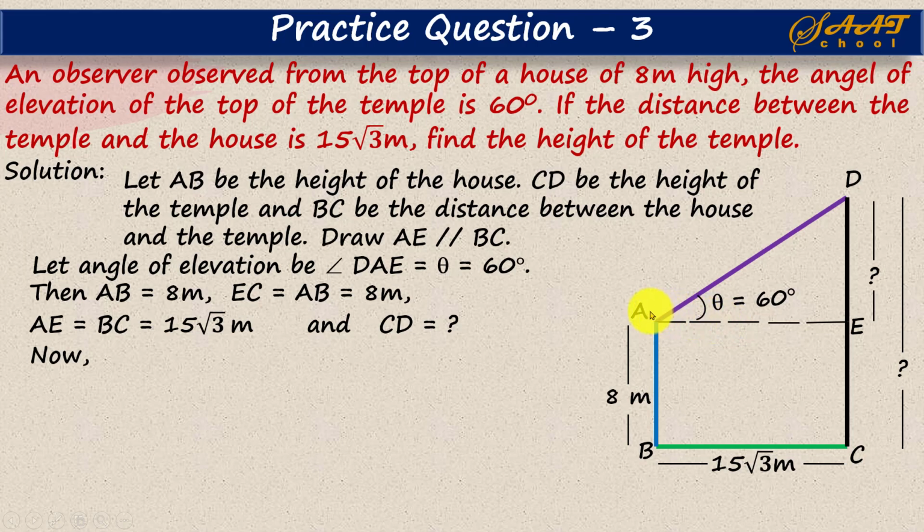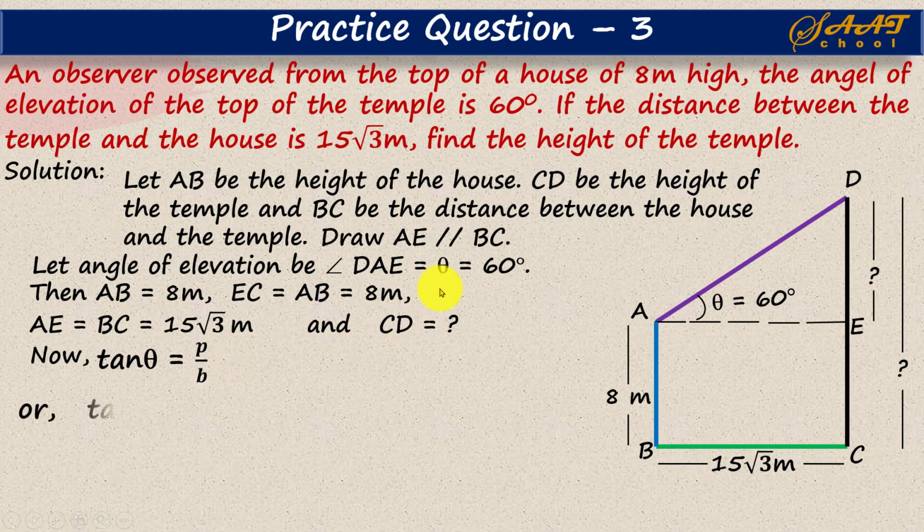In right angle triangle AED, this is the longest side, so this is the hypotenuse, this is the perpendicular, and this is the base, meaning we have to find the perpendicular, and we have the base. So perpendicular and base, that is a ratio of tan. So we can say tan theta is equal to perpendicular by base.